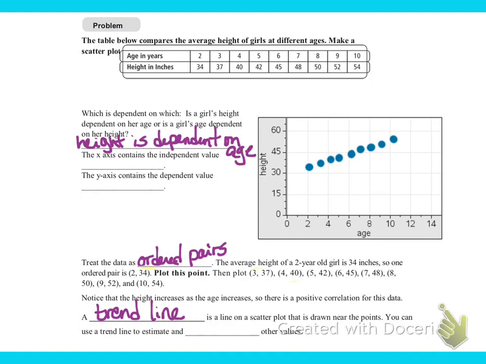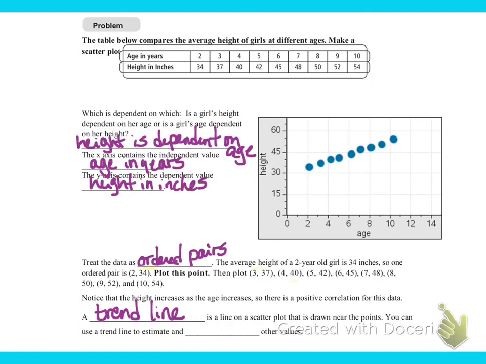So looking at the graph, the x-axis contains the independent value, which is the age in years, and the y-axis contains the dependent value, which is the height in inches.